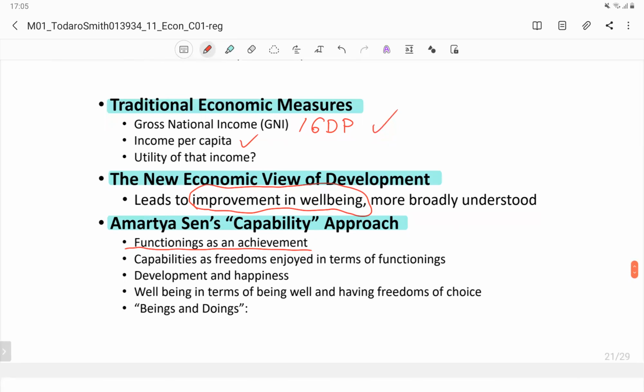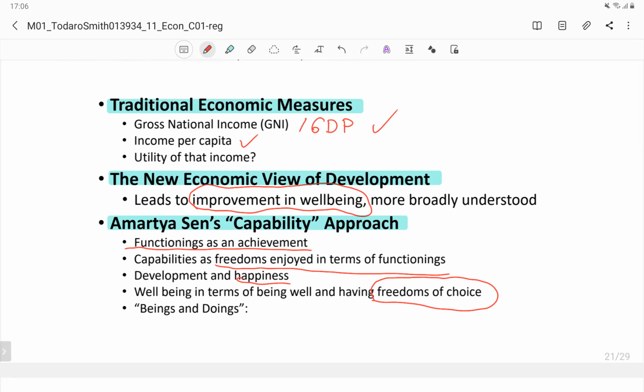And then the second one, capabilities as freedoms to enjoy in terms of functionings, and then development and happiness, and then well-being in terms of being well and having freedoms of choice. In his book, Amartya Sen said that freedoms of choice is like what I just told you.